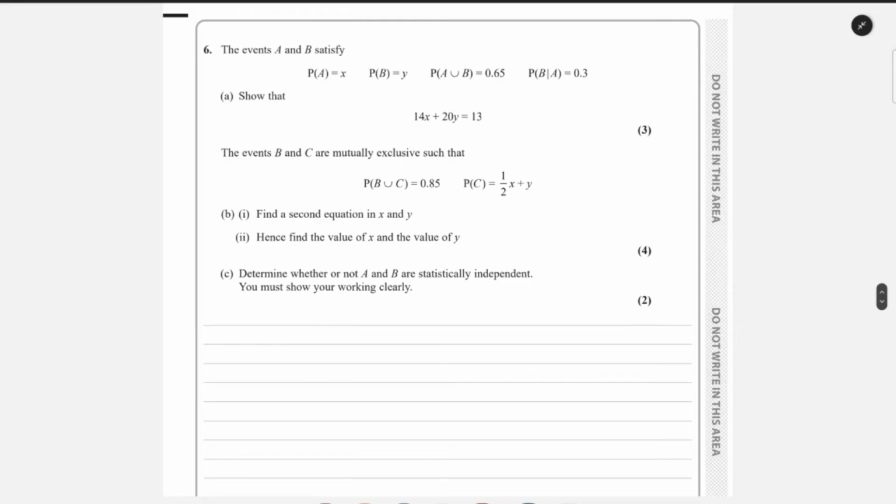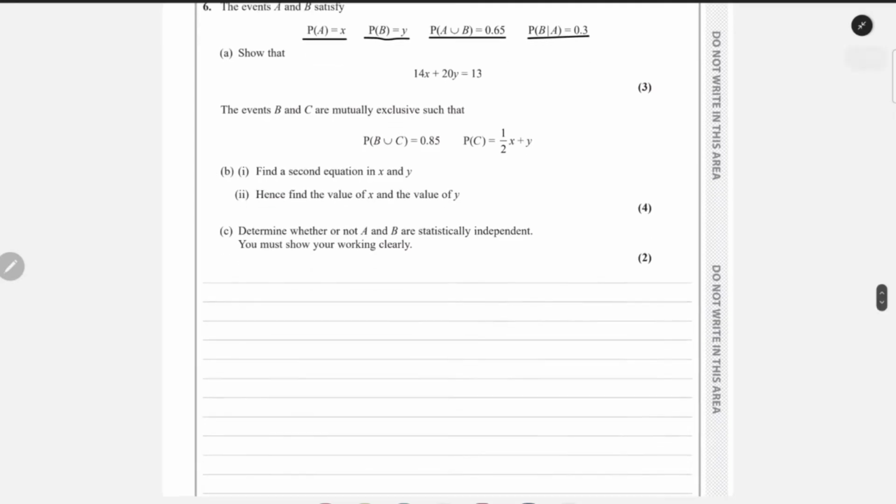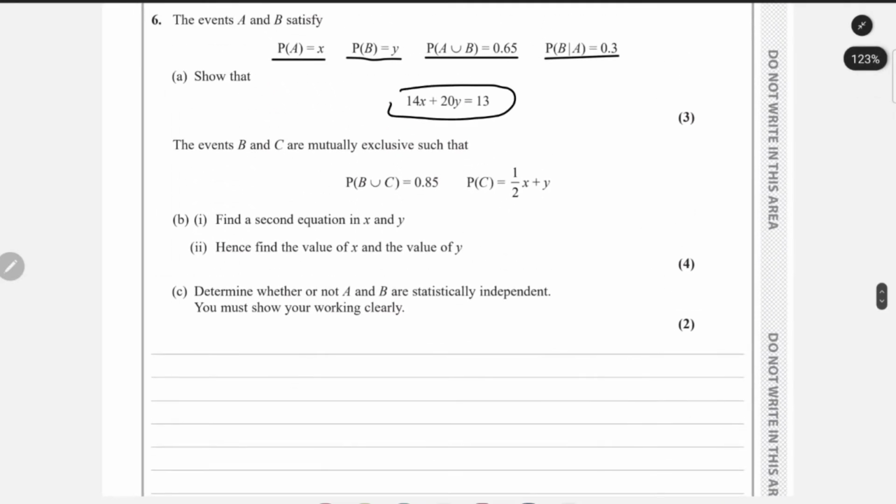Now to question 6. We are given probability of A, probability of B, and variables x and y. We are given that A union B is 0.65 and B given A is 0.3. And we have to show this equation in terms of x and y.